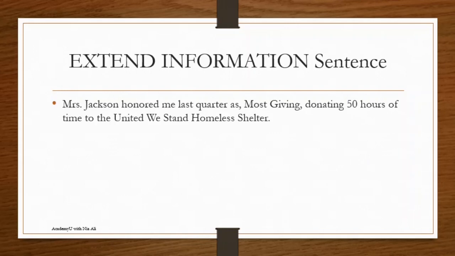So in this sentence, what I did is I explained further what the making of a great leader is by using the cite sentence as my evidence and also showing further proof by something else that happened, by extending that information.